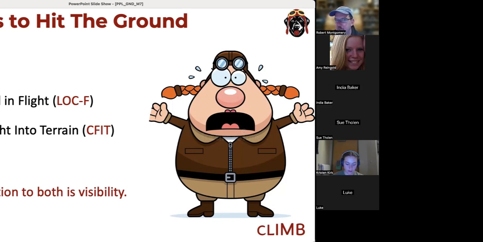Your passengers are entrusting you with their lives, and so there's an expectation that you're going to be a little bit more precise, right? So let's be clear that the rules around visibility, and I'll show you in detail about this, are not designed to keep you from having a loss of control in flight accident, right?